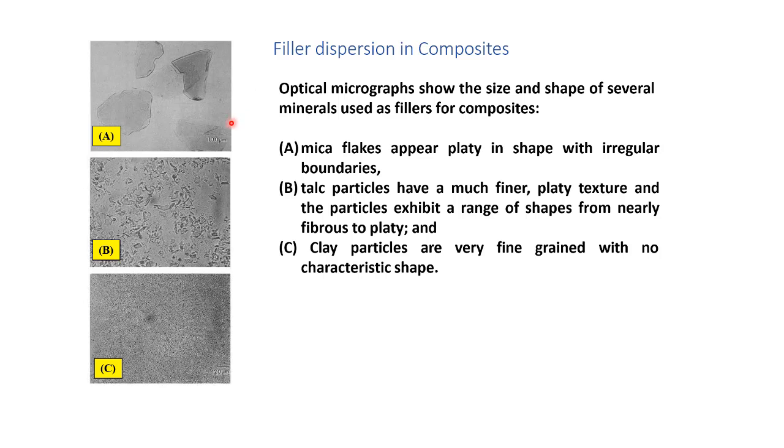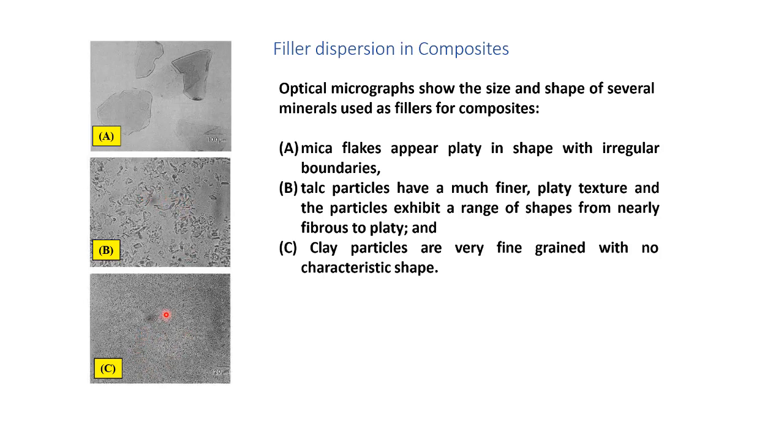Then composites also we can observe in this optical microscope. First is the mica flakes, which have a plate or sheet kind of morphology, and the shape is very irregular. The second one is the talc powder, with very fine texture, and it has a wide range of shapes and sizes.